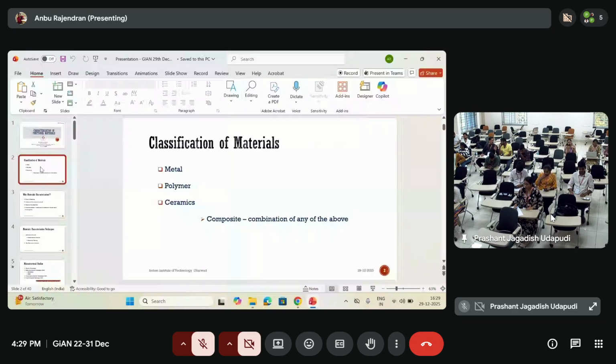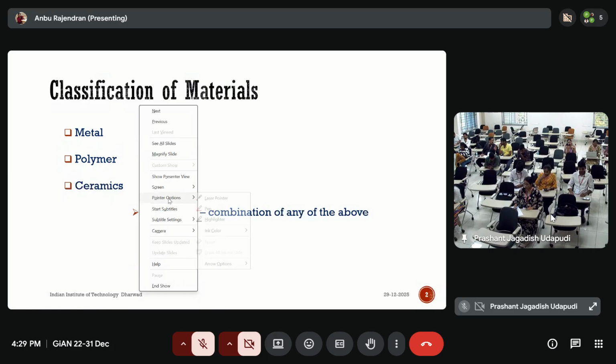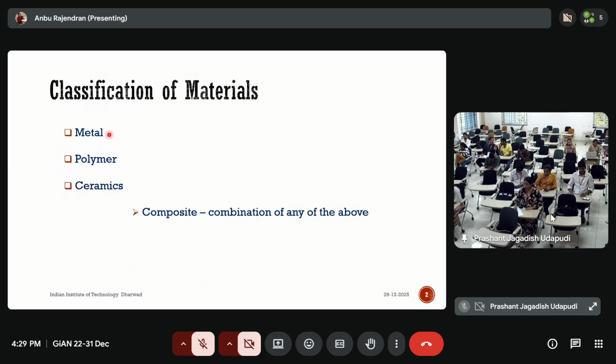Right? So, let me give what the materials are. Materials can generally be classified into three types. One is metal, another is polymer, and the third is ceramics. These are the categories. Any material can be grouped under these three major classifications.